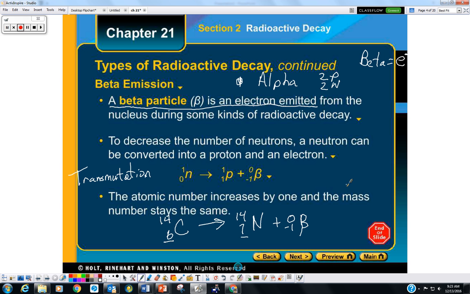A beta particle is really, really small. It is high speed, but it is not the highest speed form of decay. Gamma is typically the highest speed that we associate with it, but we also have something called a positron. Is alpha more dangerous than beta? No.